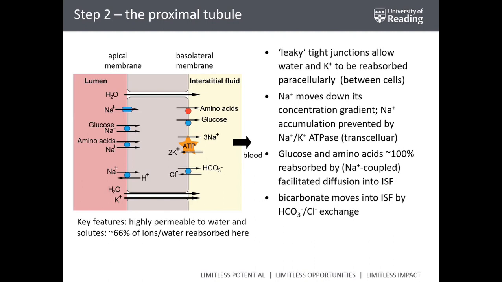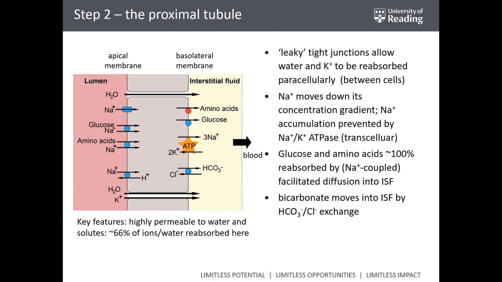So when potassium moves across the epithelium of the lumen by passing between cells, this kind of reabsorption or movement between cells is paracellular, okay, between cells. Sodium, once again, moves down its concentration gradient, so from the lumen into the interstitial fluid.